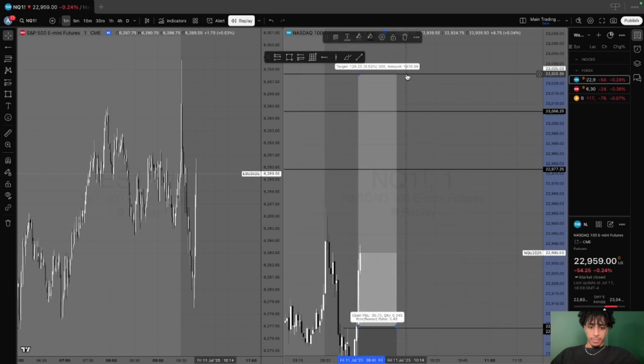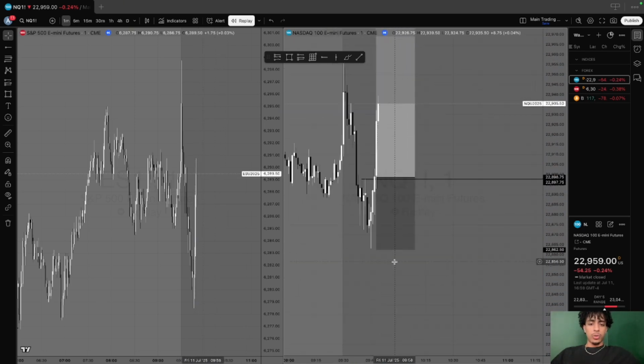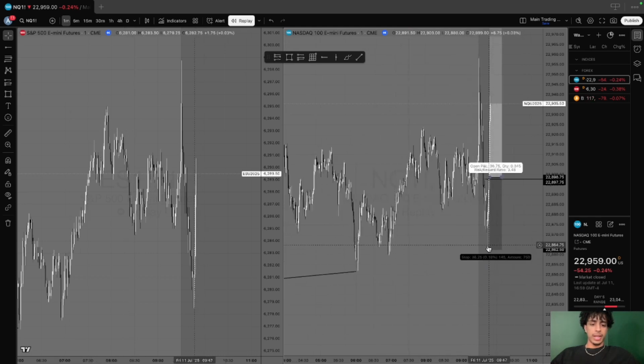Okay. I was so excited when we were all the way down here because obviously if we are going to go up, if I think we're going to go up, I want us to go down first. I know that kind of sounds contrary to what I want, but I want a better entry. And you got to be confident in the markets, you know what I'm saying?